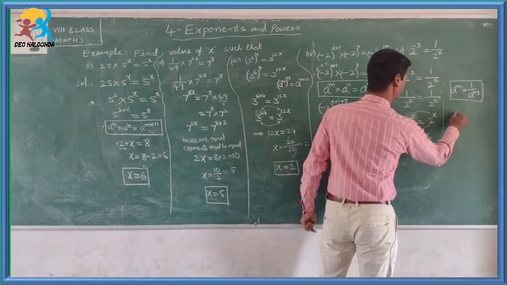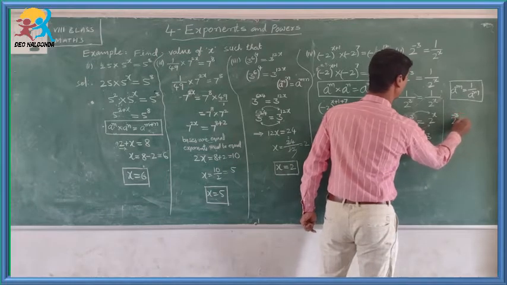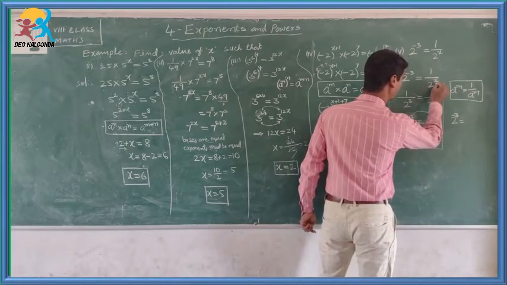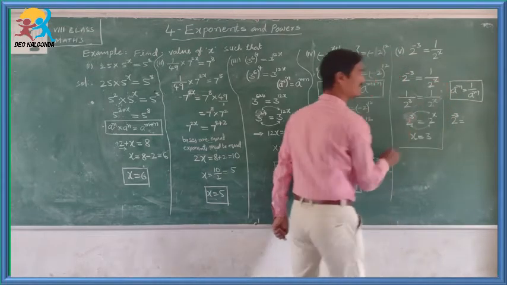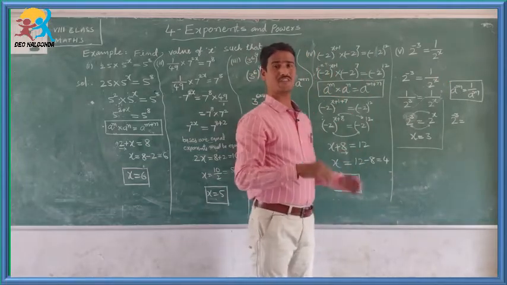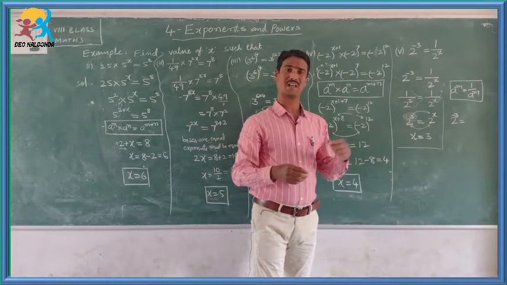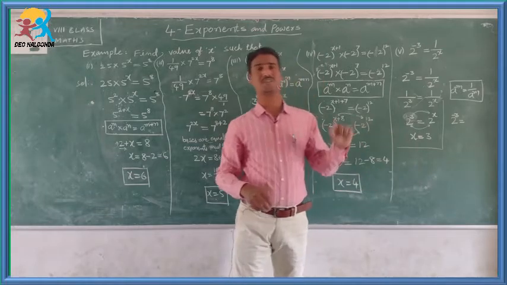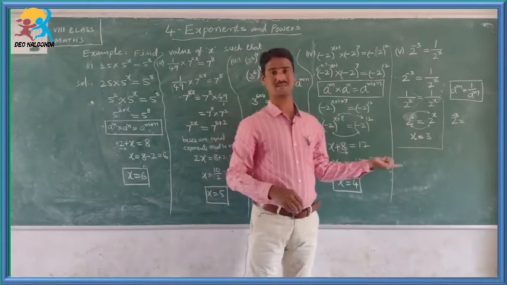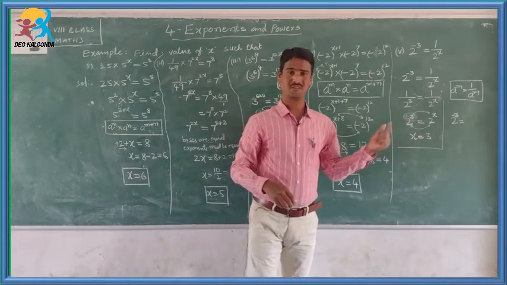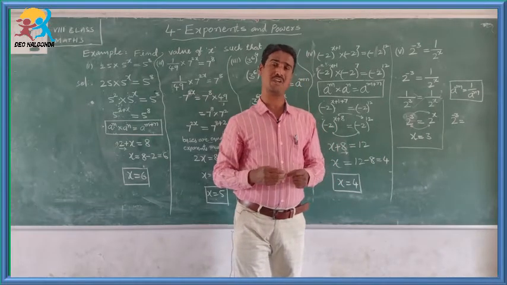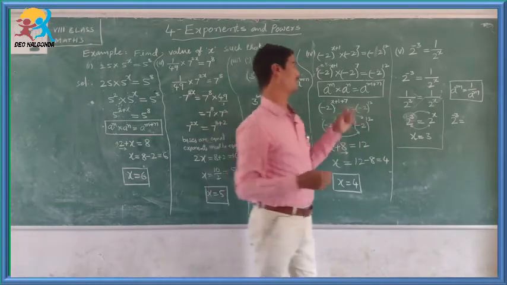2 power minus 3 is equal to, if you write the minus for x, when the exponent converts from negative to positive or positive to negative, we have to write the reciprocal of the given power.